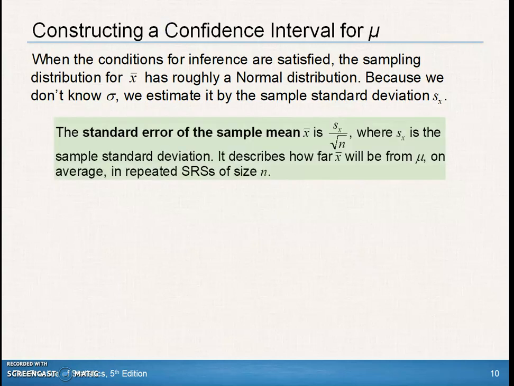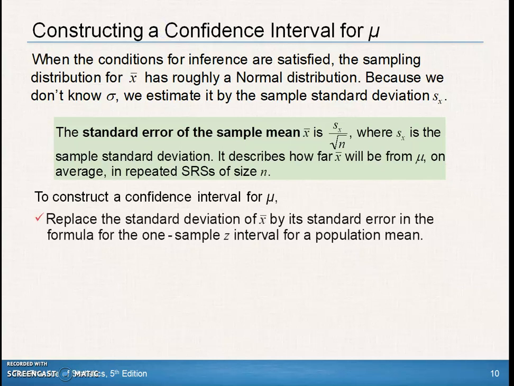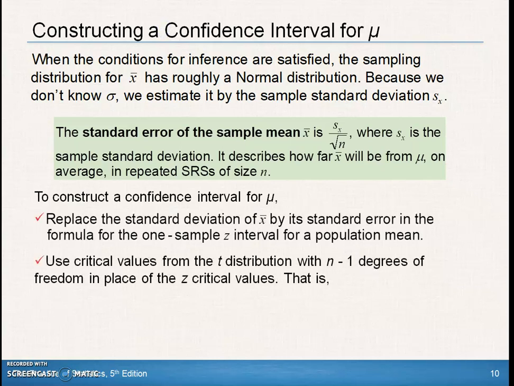So now we don't call it the standard deviation, we call it the standard error of the sample mean, s sub x over the square root of n. This is the same thing as we did before, really.